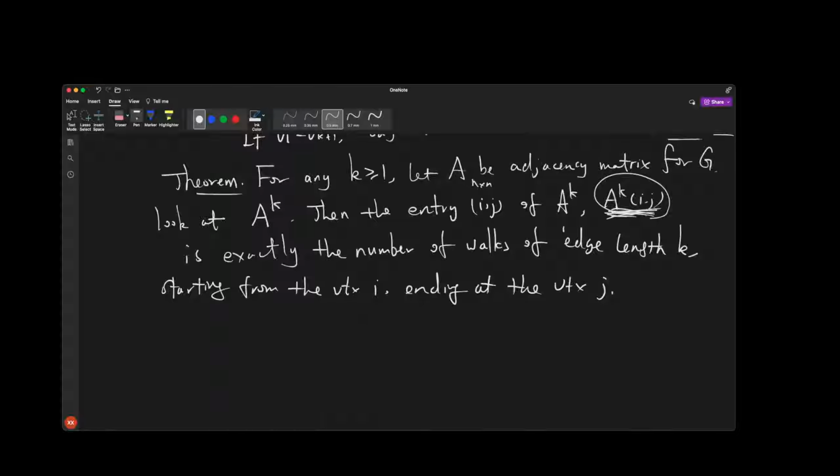Okay, so let me make a proof of this. This proof is nothing fancy. It's just the definition of matrix multiplication, really. Okay, so let me do this carefully. So let us recall matrix multiplication.